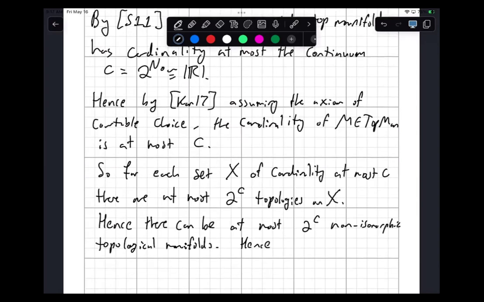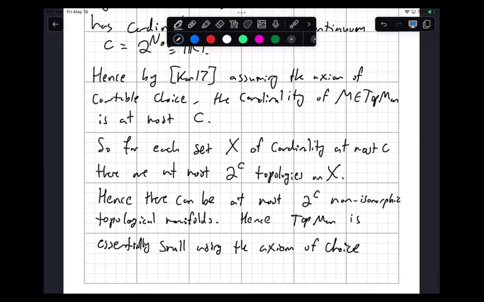Hence, Top-Man is essentially small, using the axiom of choice to choose a skeleton, to choose a topological manifold from every isomorphism class.